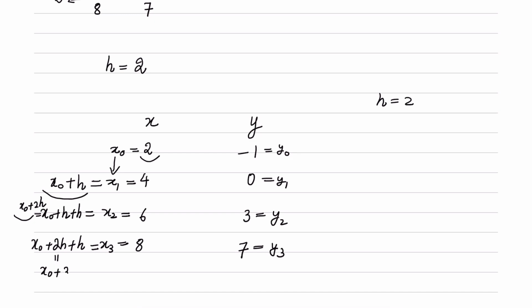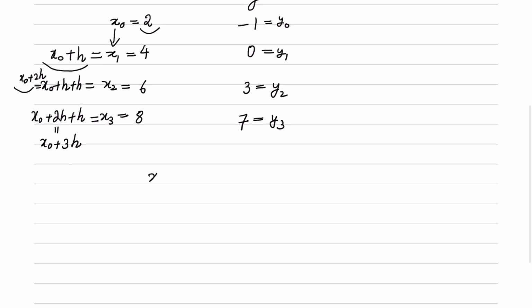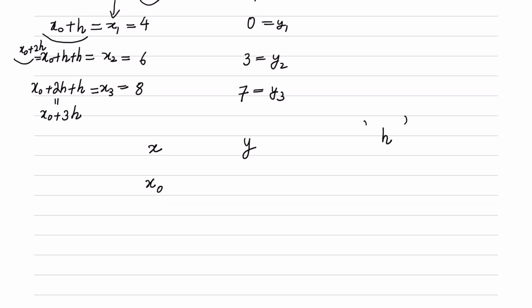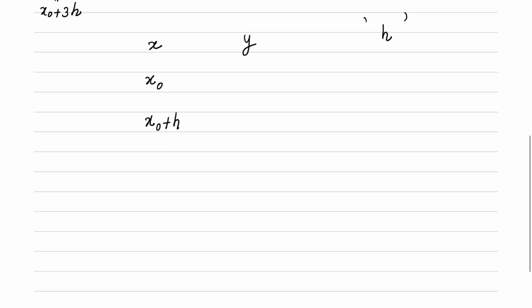x0 plus 3h. So what you are seeing here is, if your data is equally spaced and the first x value is x0 and h is the difference between every two consecutive x values, then the equally spaced data follows this pattern. x0, the next value is obtained by adding h to this previous x0, and the next value is obtained by adding h to the previous value.